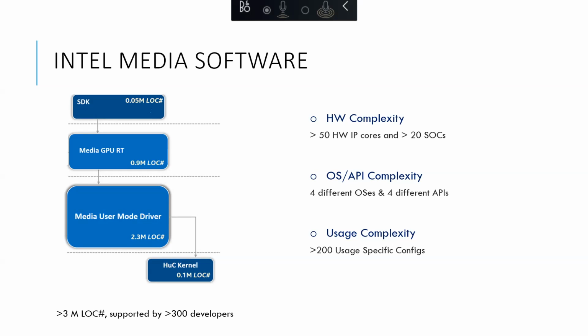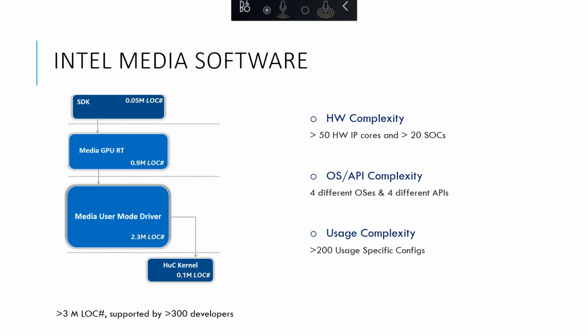So in the daily development of this software, actually, we need to face challenges from 3 perspectives. First one is the hardware complexity. Currently we need to support over 50 hardware IP cores and over 20 SoCs. Second perspective is the complexity from the OS and API.